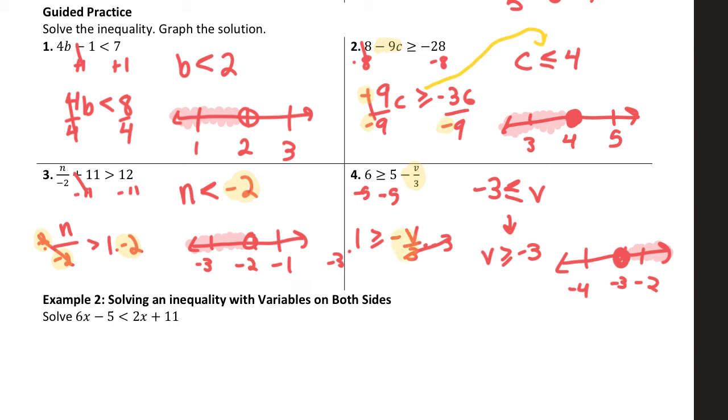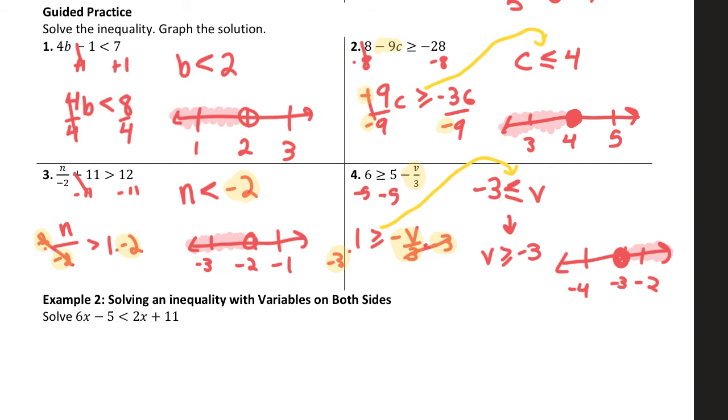So v over 3 itself, if you want to think of it as a fraction, is negative. To isolate v, I would have to multiply both sides by negative 3. That is why this symbol goes from greater than to less than. And then all I did was rewrite my inequality so that the variable was on the left. So I swapped everything around, okay?